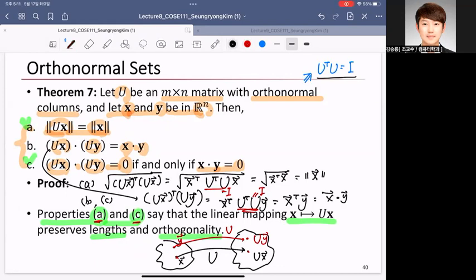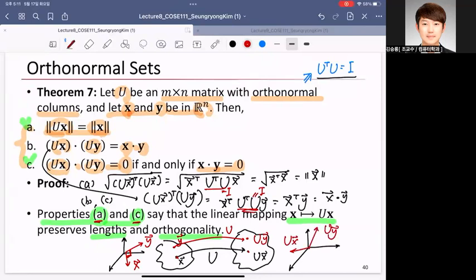So what does it mean? If we think in 3D space, let's suppose that vector x is here, vector y is here, and they are orthogonal to each other. Then transform the vectors to ux and uy.